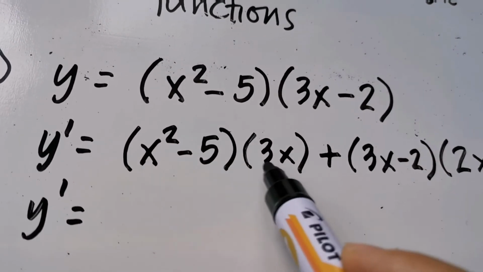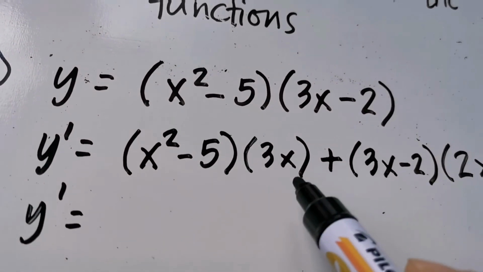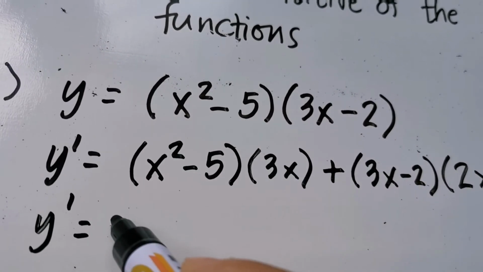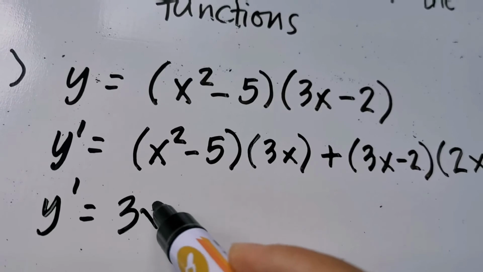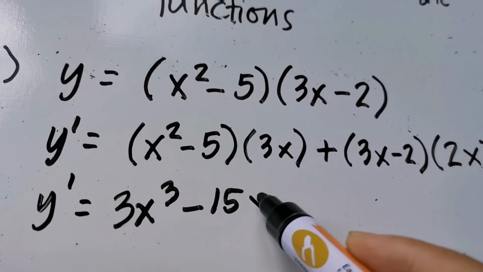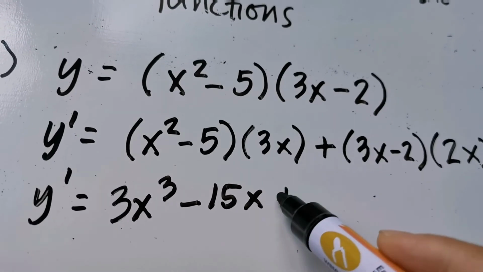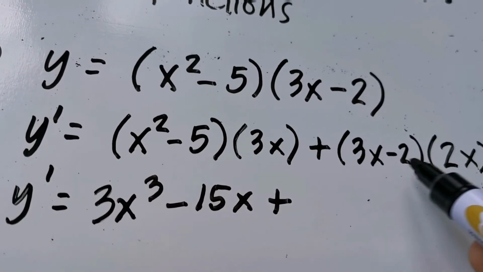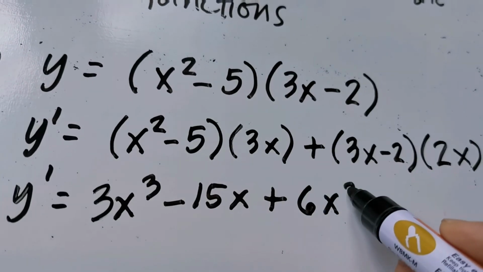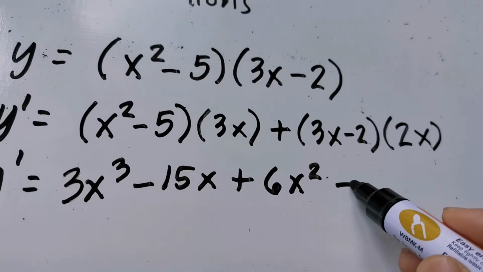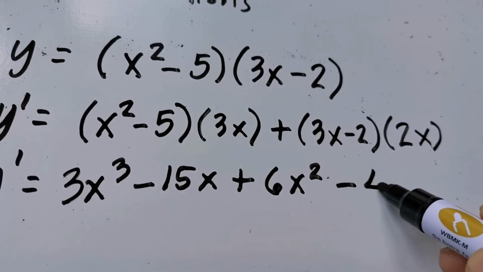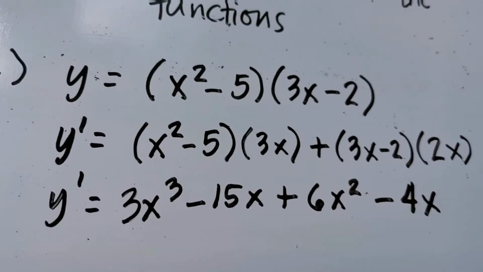We will multiply using distributive property of multiplication. So we have x squared times 3x, we have 3x cubed minus 15x plus, we have 2x times 3x is 6x squared minus, negative 2 times 2x is 4x.